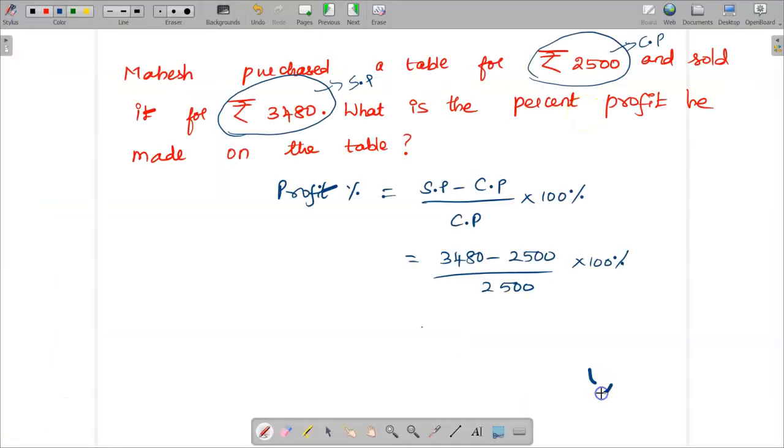So 980 divided by 2500 into 100 percentage is 39.2 percentage. Our profit percentage is 39.2 percentage.